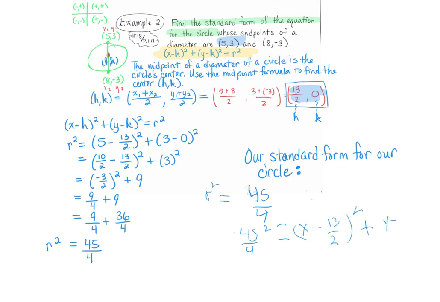Plus y minus 0 squared, simplified to over 16 equals x minus 13 over 2 squared plus y squared. That's what I got simplified.